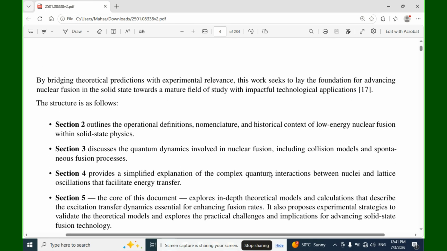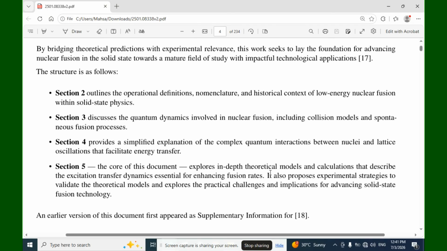By bridging theoretical predictions with experimental relevance, this work seeks to lay the foundation for advancing nuclear fusion in the solid state towards a mature field of study with impactful technological applications, which was described in Reference 17.